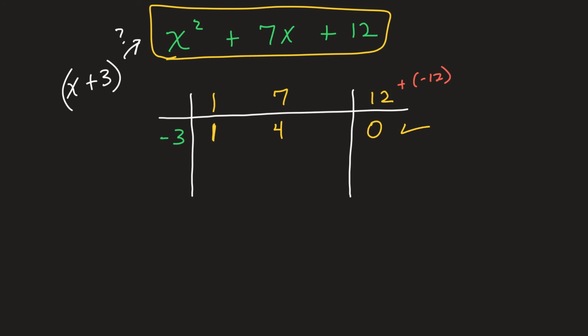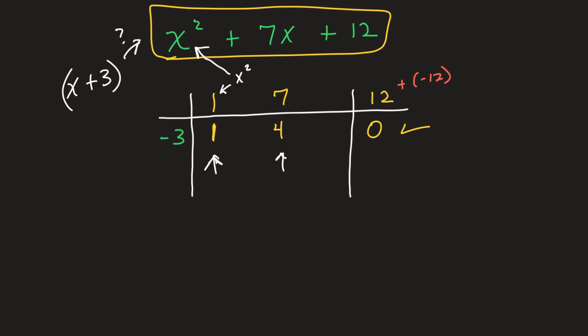So what do we have here? What's the answer, really? Okay, so this 1 and this 4, those are the coefficients of your answer. So this 1 right here was an x squared term. It came from that guy right there, okay? So my answer got divided by an x, so it lost one of its powers, so it went down to first power.